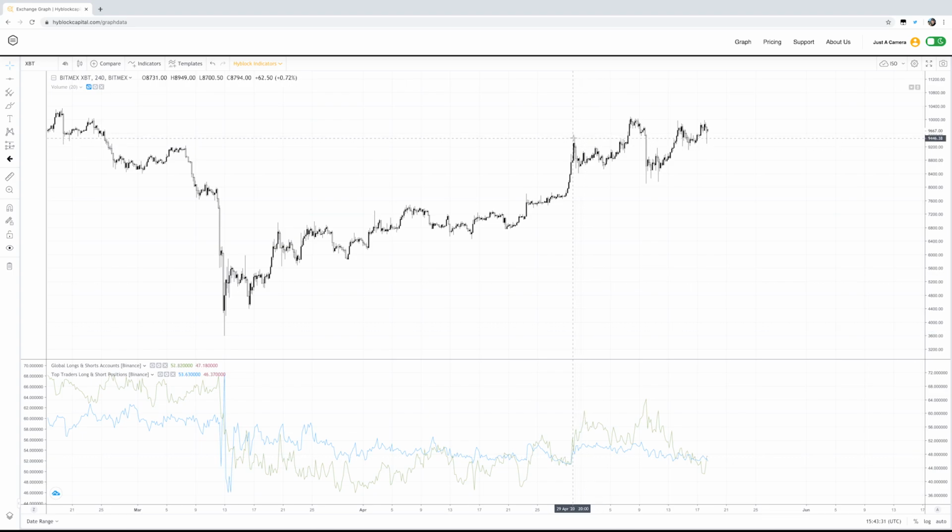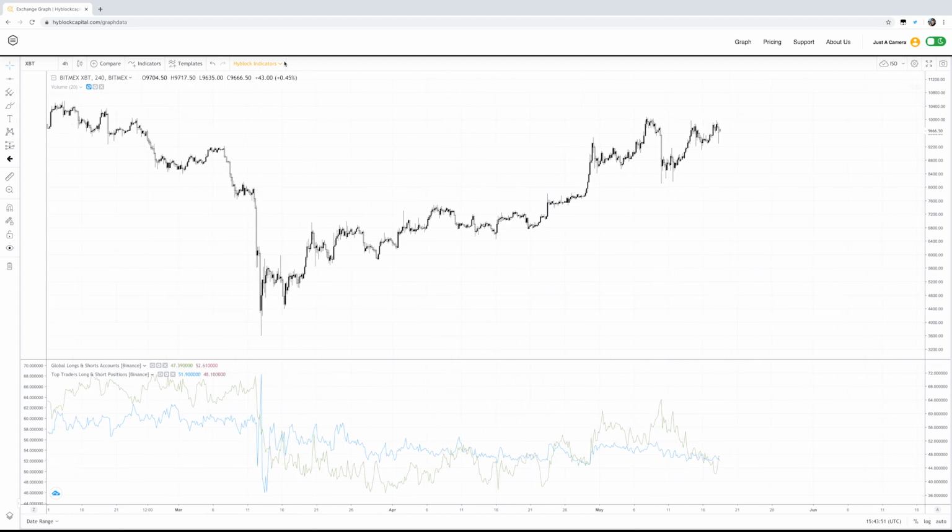So this actually helped us look at a market top, and we can see that price went from 9,500 to 8,400. Again, all these little tools are incredible to help really determine who's in control. We're all about finding those exhaustion points, those inflection points, and all of these Hyblock indicators that we can use on our charts are going to give us that extra edge.